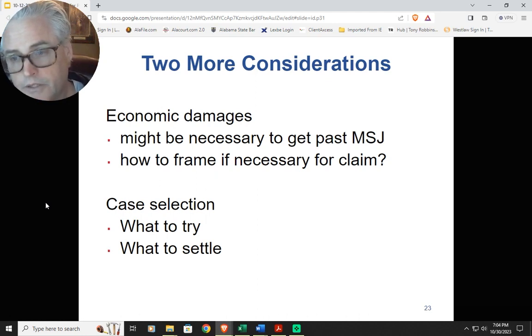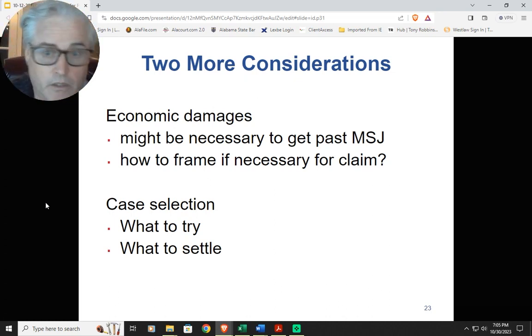The dollar value in these verdicts is from what people are put through by having their security and peace in their home destroyed and losing their most valuable possessions, and things that are irreplaceable, that no amount of money will ever get you back: your wedding photos or your baby's photos or your kid's graduation photos or your state championship letter jacket. Those types of things are things that people really relate to and that really turn the dial in these cases.